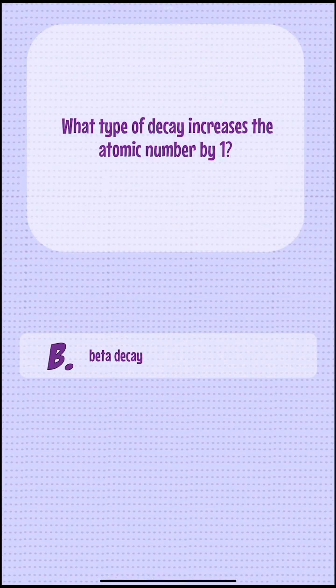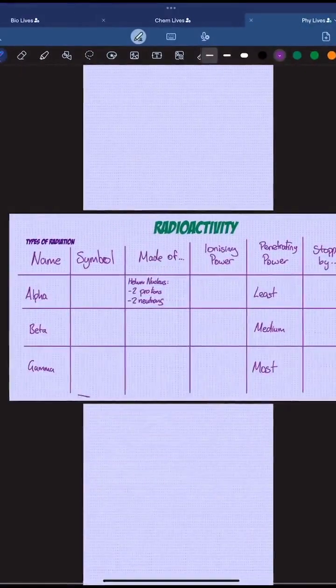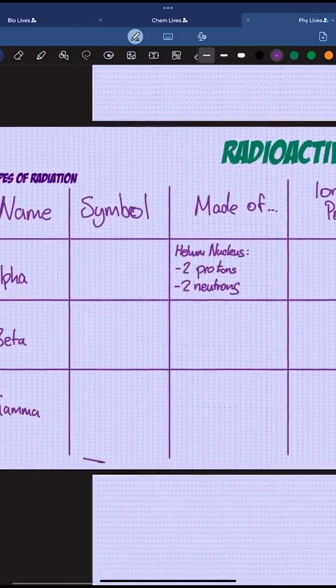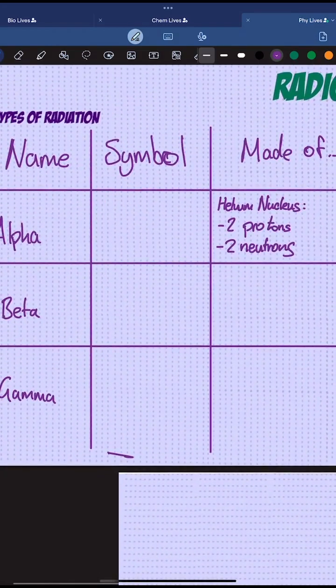Can anyone tell me what the other 2 numbers are? What are the numbers for alpha and what are the numbers for gamma? So let's draw beta while you tell me what you think that is. Beta is 0, -1. I'll explain why later. Alpha is 4, 2.